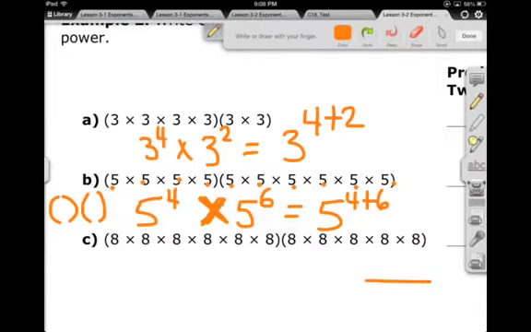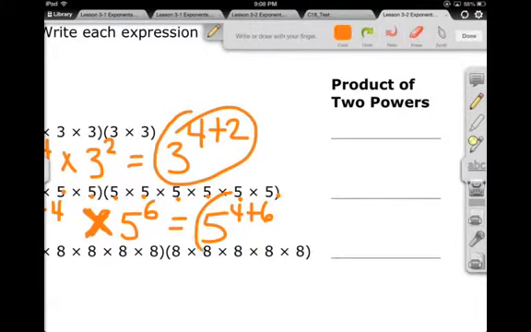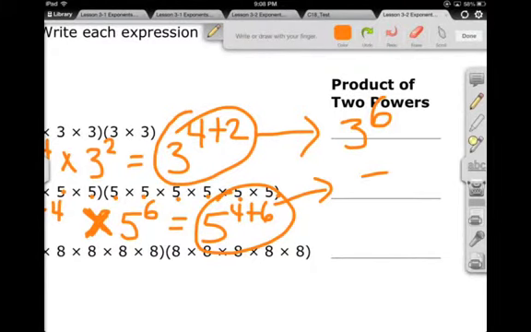Oops, and we have just enough room at the end. I just have to hit scroll. So your product, if you want to write it accurately, they could have just said evaluate. What does this equal? 3 to the 6th power, 5 to the 10th power.